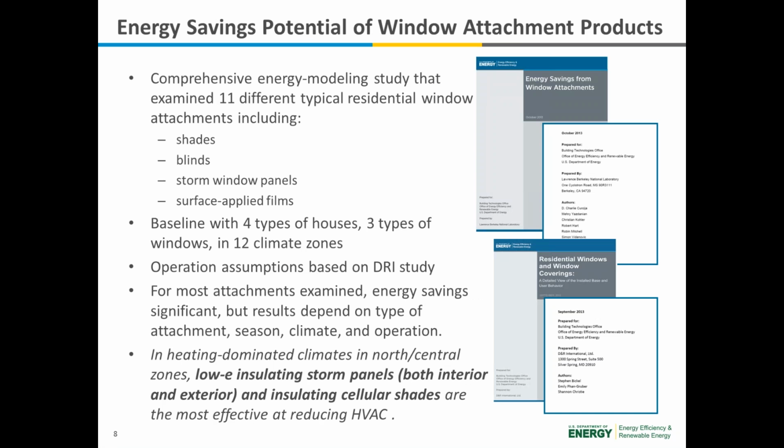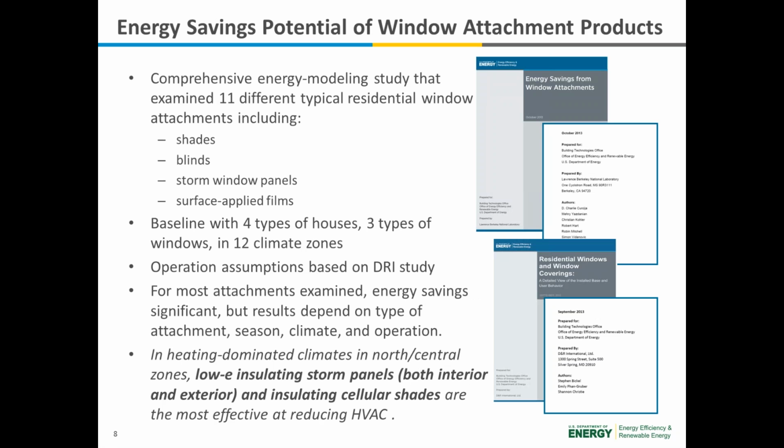In this slide, I'm featuring the comprehensive modeling study that was conducted by LBL with assistance from DRI that looked at 11 different window attachments in 12 different climate zones, and looked at the energy savings potential in all these different climate zones. And the bottom line conclusion is that yes, there is a great deal of energy savings potential from window attachments.